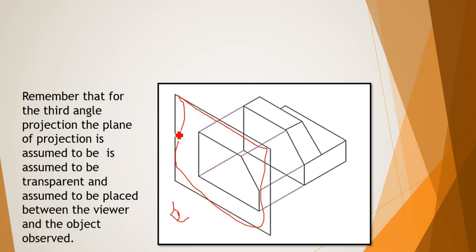The plane is placed between the viewer, this eye, and the object. As you can see, the plane is in between, and our plane is assumed to be transparent. That is, if you were to shine a light here, there will be no shadow formed at the back of this object. That is our 3D model.